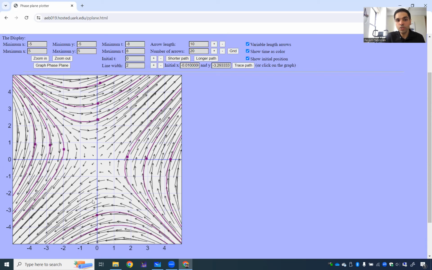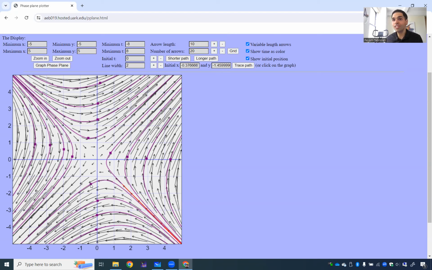So I might ask you to do that on a programming assignment, and I might tell you plot 3 solutions per region. This is what I mean, because here we have 3 regions, and you just plot a couple of the solutions.